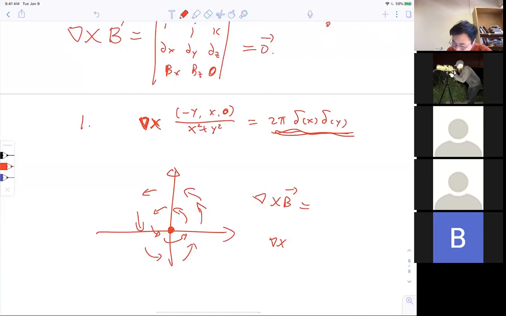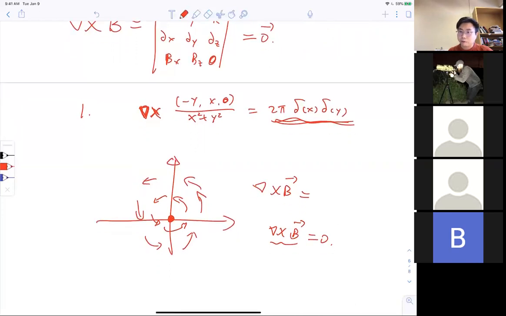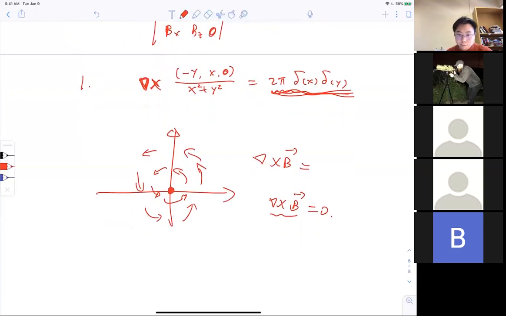If you calculate this B outside the singular point, you will get zero because outside that region there's no current. But this calculation only captures the current outside the singularity. So to capture the current at the singularity, we need to restore this 2 pi delta function by hand. There's no way to fix it other than putting it in by hand.